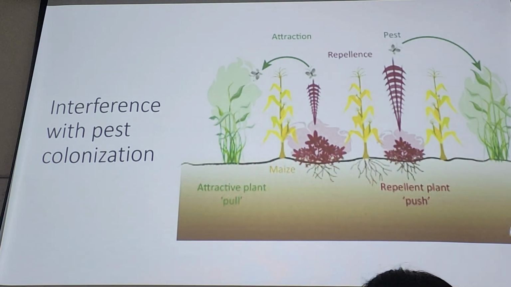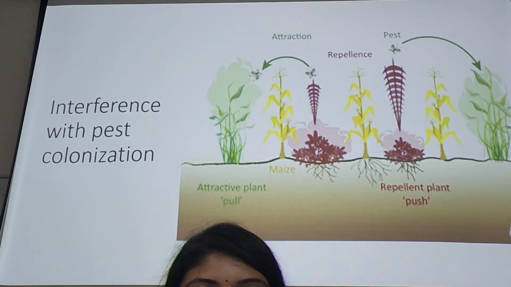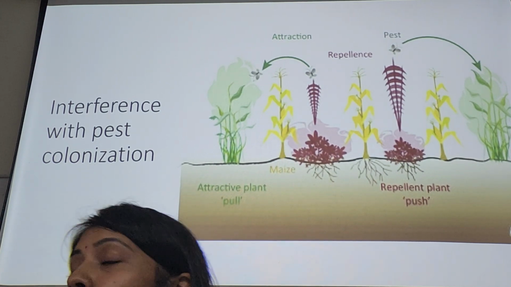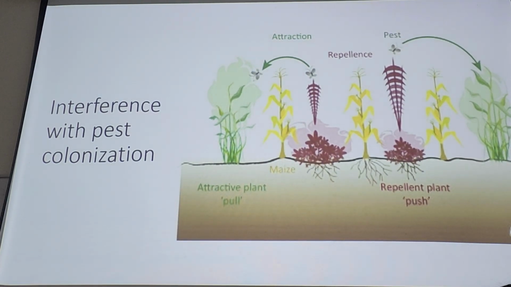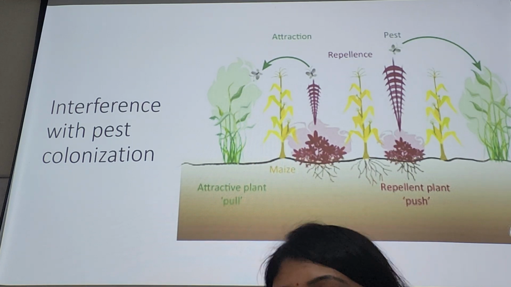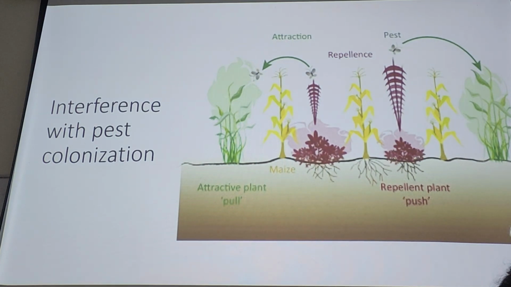In an intercropping system, the intercrop plants also help to interfere with pest colonization. As you can see in this picture, there is a push and pull mechanism when you are intercropping.